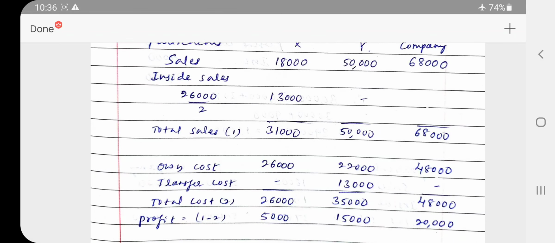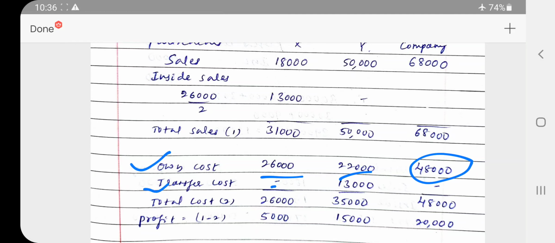So own cost they have given in the problem itself, 26,000 for X product, for Y product they have given 22,000. So total for the company 48,000. As I said, this is own cost given in the problem. Transfer cost means X can transfer to Y. So how much is it? 13,000. Half can be sent to the open market and half to the division Y. So it will be 13,000.